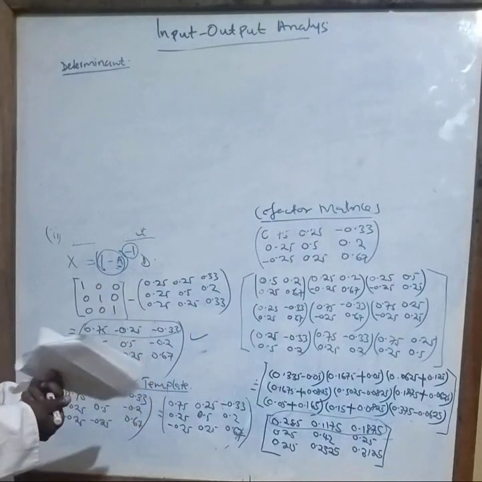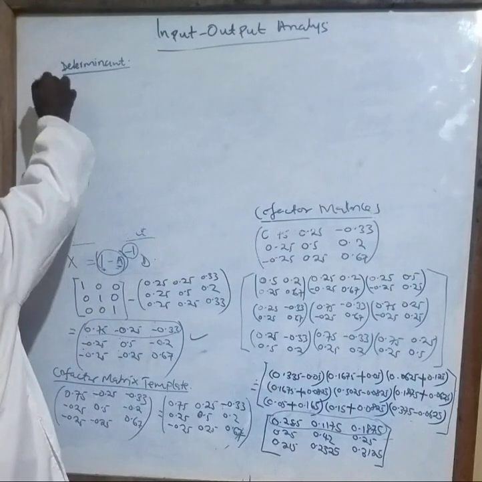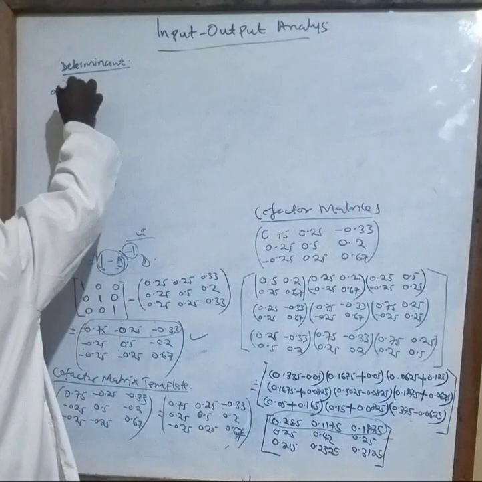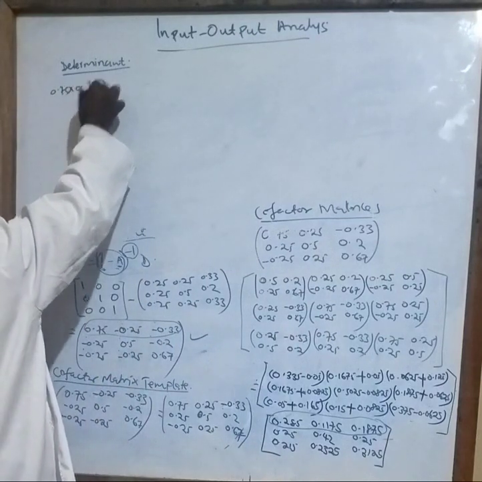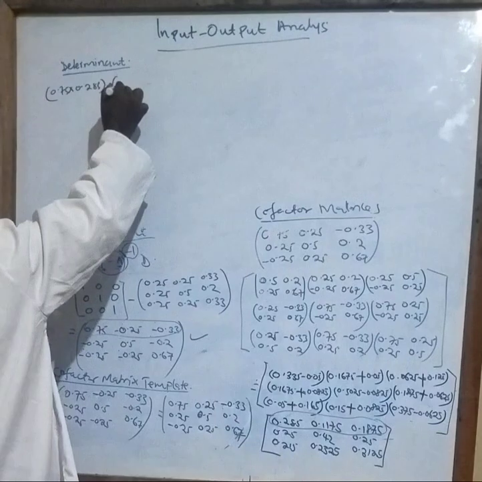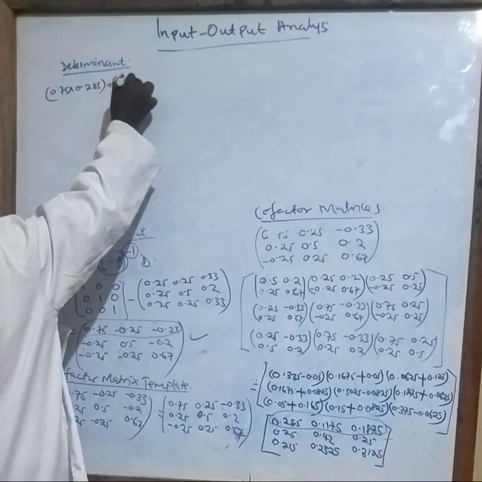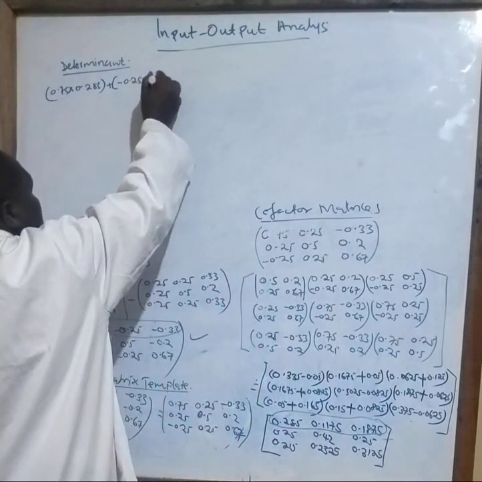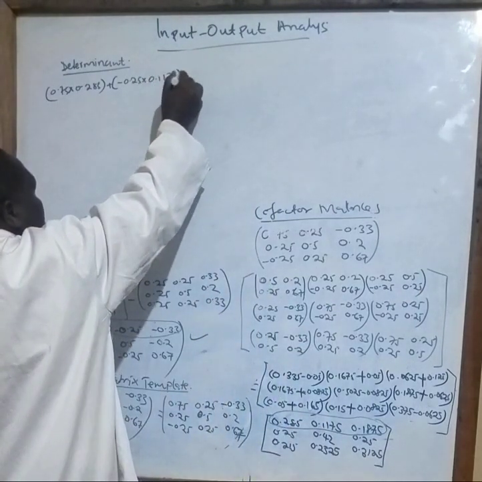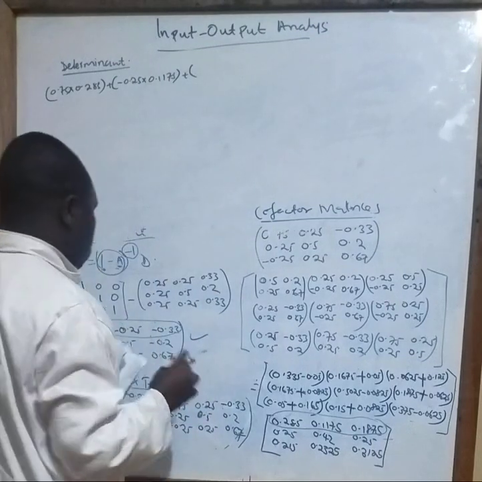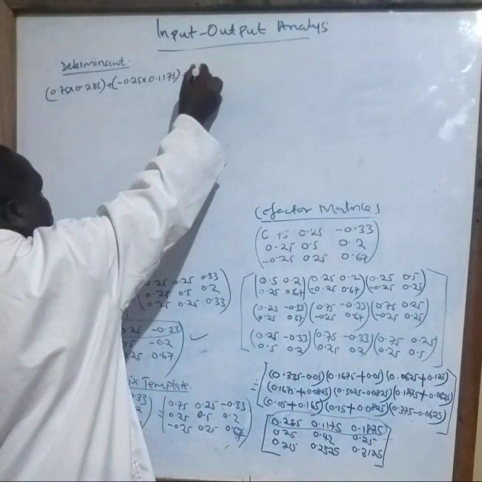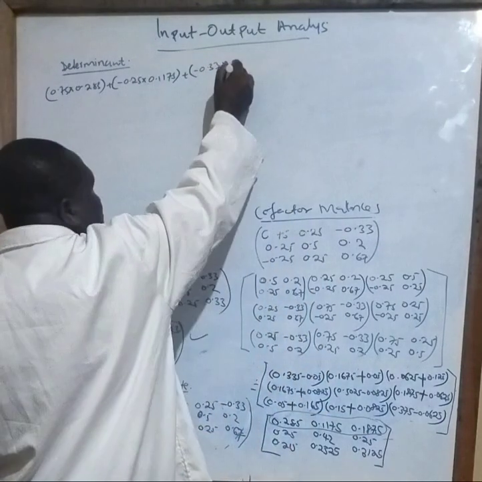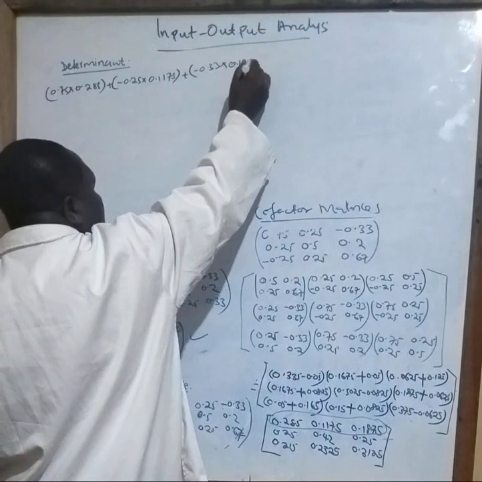So once you have known that, you come now and say yes, it is 0.75 times 0.285 plus, into brackets, negative 0.25 times 0.1175 plus negative 0.33 times 0.1875.